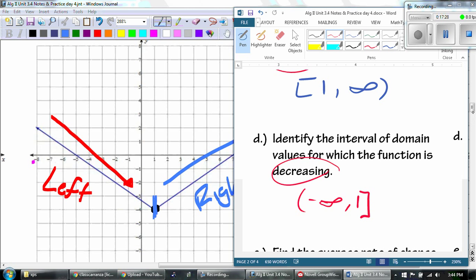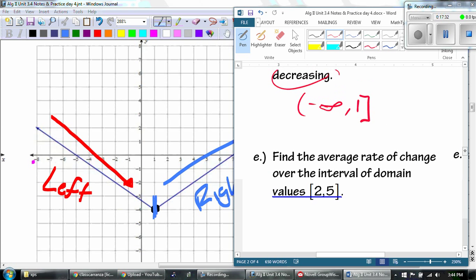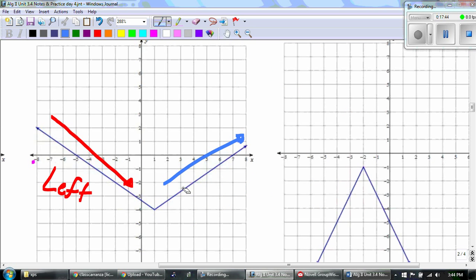All right, and now the last thing we need to ask ourselves is between the x values of 2 and 5, what's going on? What's the average rate of change? Okay, so let's take a look at those points. Here's 2. I think our graph's just a little bit off, and this is going to happen on the next one too.